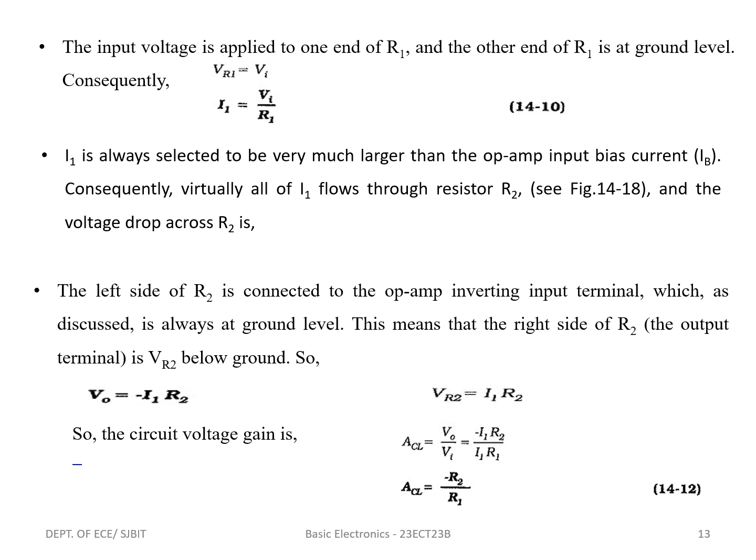The left side of R2 is connected to the op-amp inverting input terminal, which is always at ground level. This means that the right side of R2 is VR2 below ground. So V0 will be equal to minus I1 into R2, where VR2 will be equal to I1 into R2. So the circuit voltage gain is ACL equals V0 by VI, which equals minus I1 into R2 divided by I1 into R1.